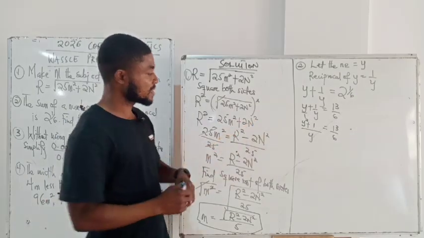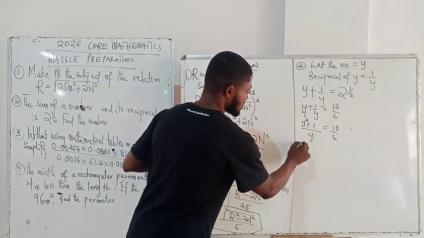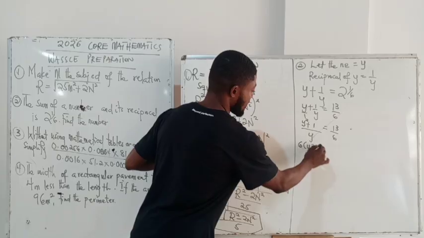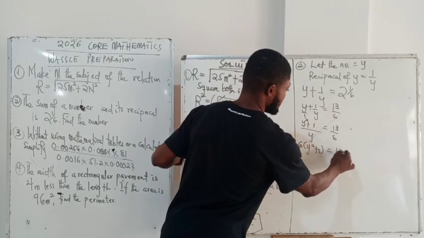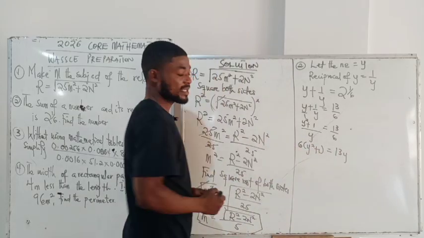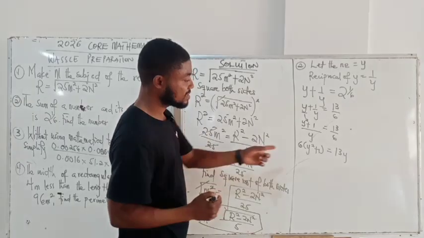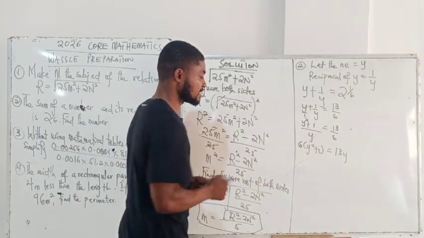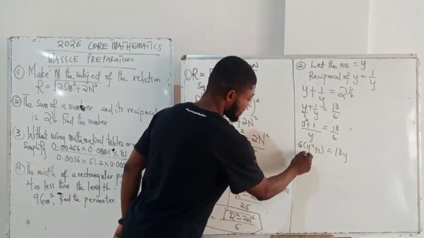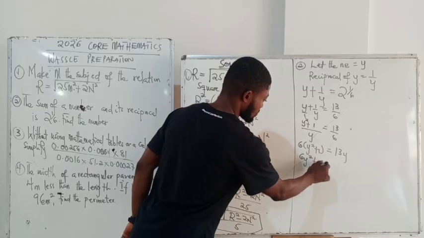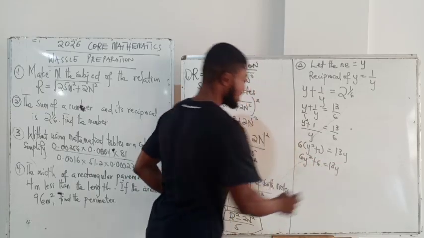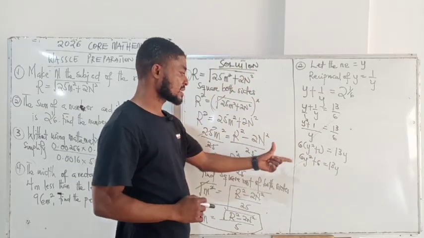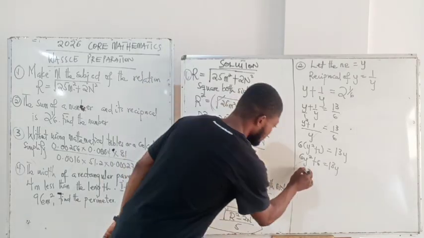So I can now cross multiply, giving me 6 into bracket y squared plus 1 is equal to 13 of the y. Cross multiplication. I expand this bracket. That gives me 6y squared plus 6 is equal to 13y.